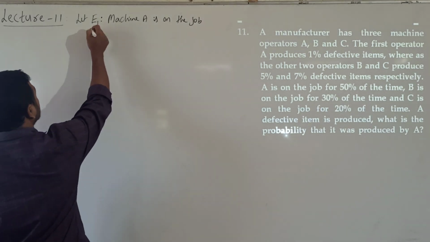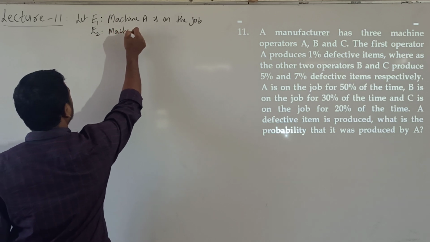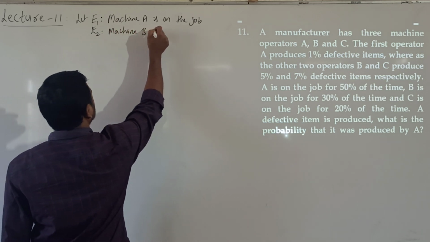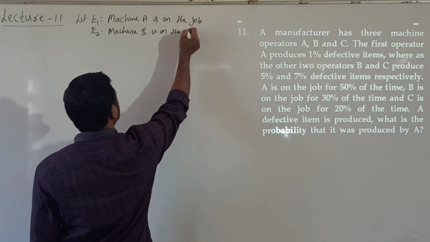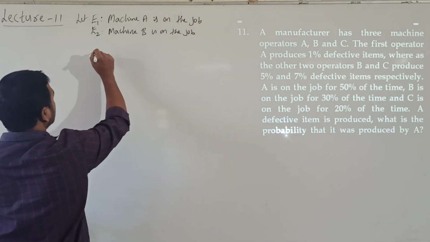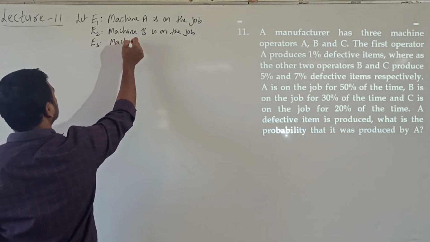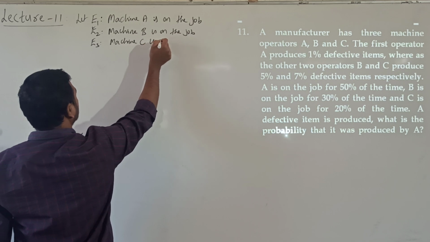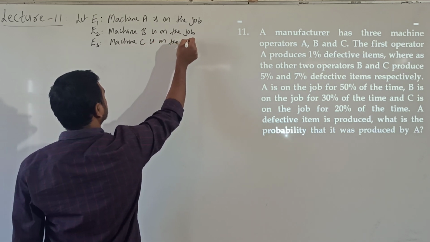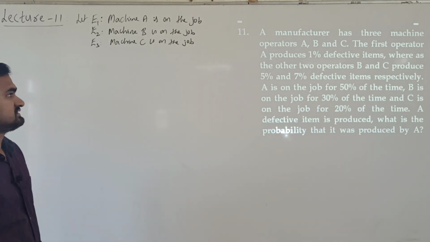E2 is the event that machine B is on the job. Next, E3, machine C is on the job. So these are the three events we take.